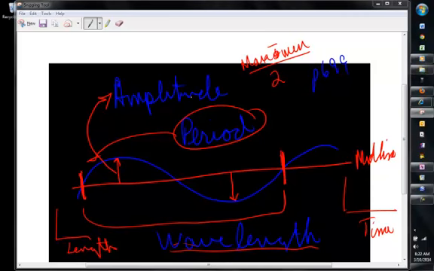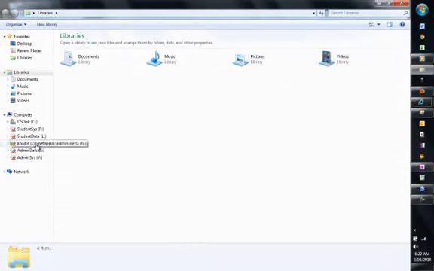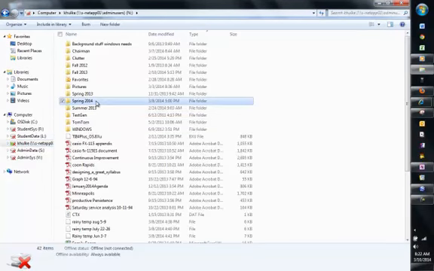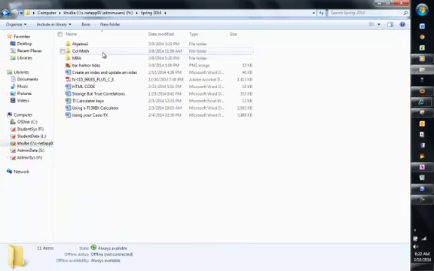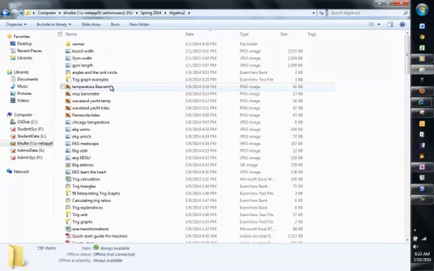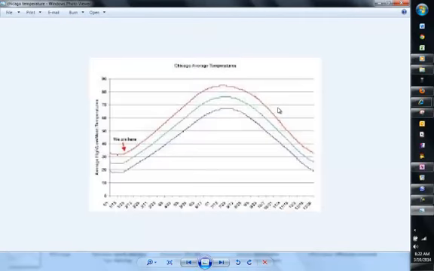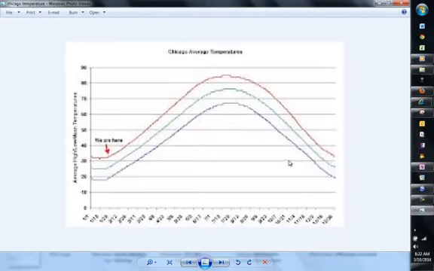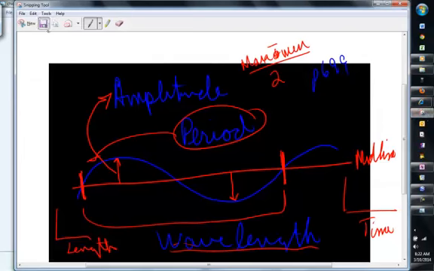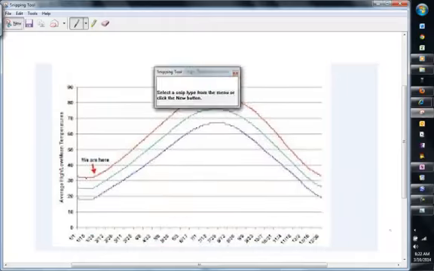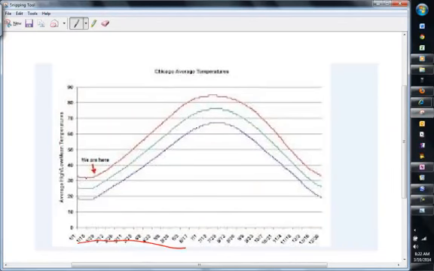Let's look at some examples here. I downloaded some stuff from the internet. Got some pictures for you. Okay, here's an example. This is the average yearly temperature in Chicago. They've got the months down at the bottom, so this is a time graph.